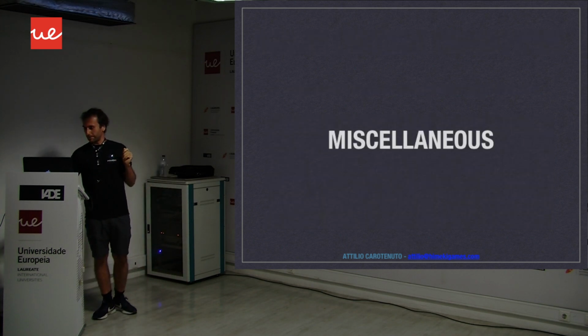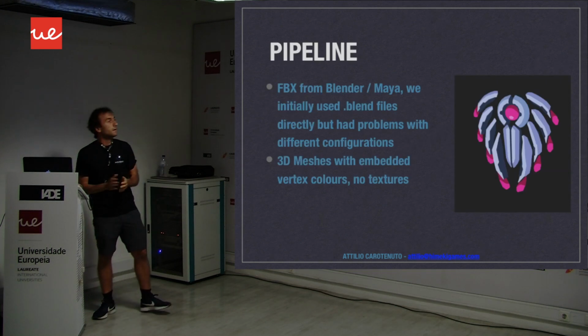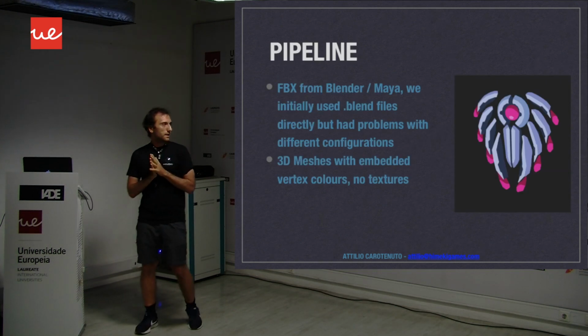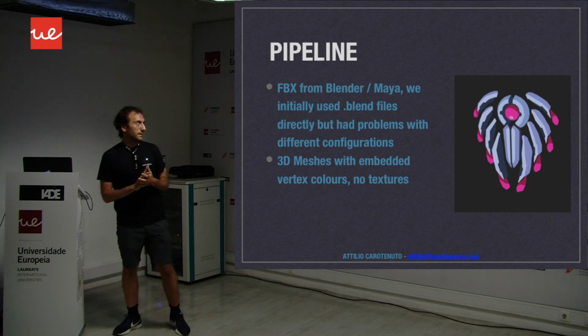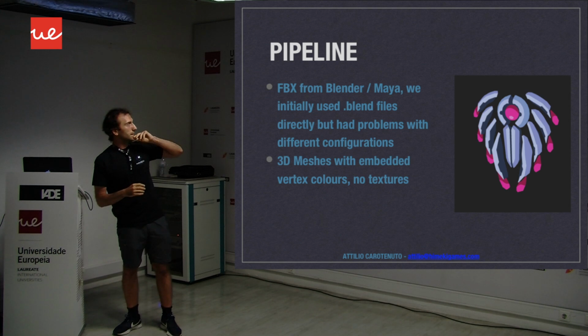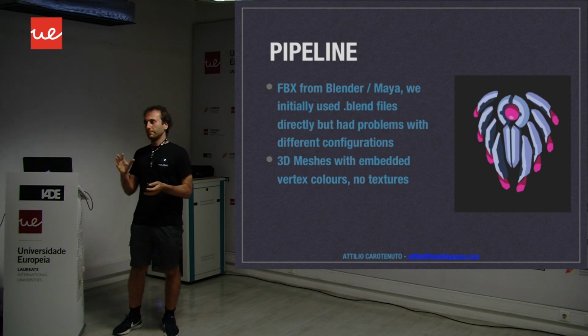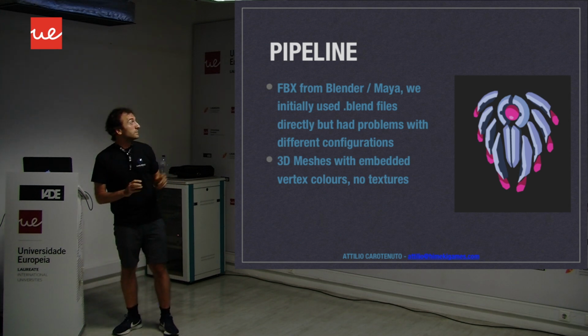So, other things, pipeline. As you saw, the game is pretty simple from the art style. It's all 3D. We use FBX from either Blender or Maya, whatever they used.